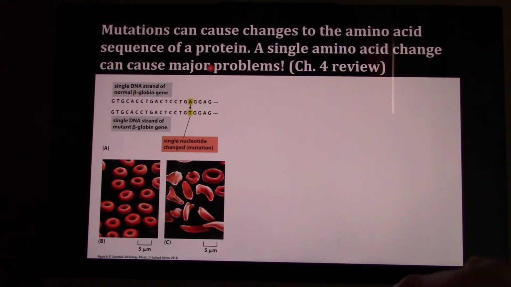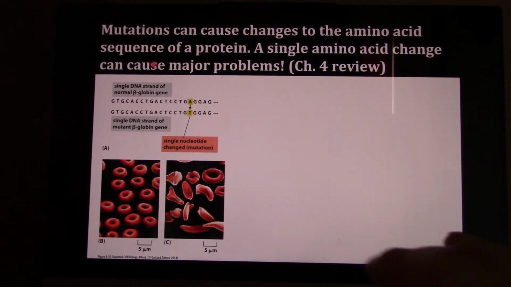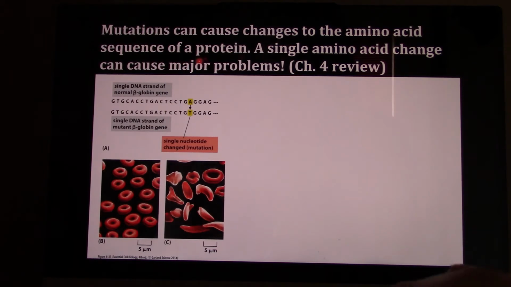So mutations can cause changes to the amino acid sequence of a protein. A single amino acid change can cause major problems. You can review Chapter 4. That's if we change biochemical groups.